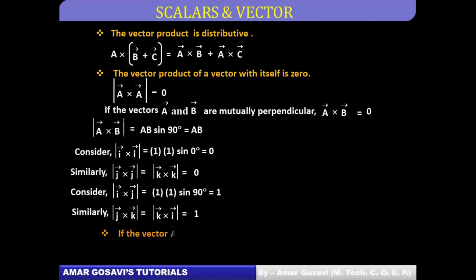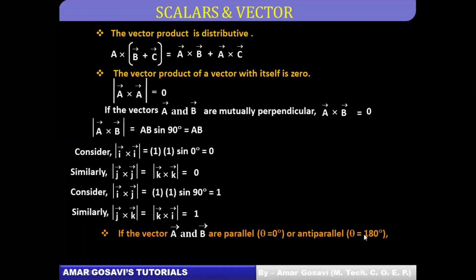You can see if the vectors A bar and B bar are parallel or anti-parallel. If they are parallel, the angle between them would be 0. If they are anti-parallel, the angle between them will be 180 degrees.